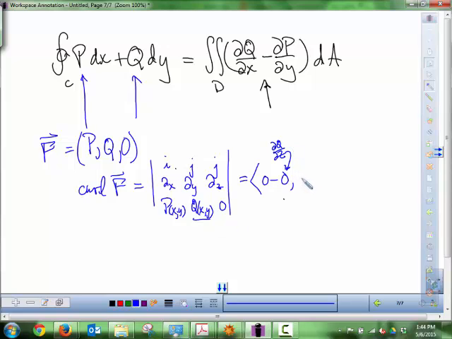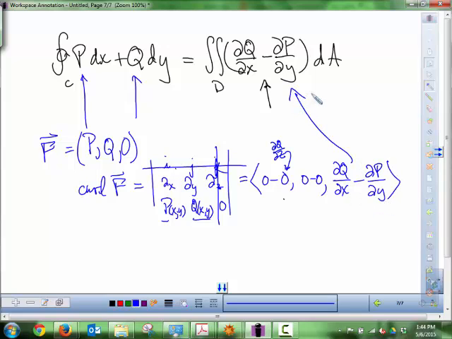And we're going to get the same thing for the next term, so throw a negative there if you want. But the last term, this is k, is going to be the derivative of Q with respect to x minus the derivative of P with respect to y. And you see that that is just the double integral integrand in Green's theorem.